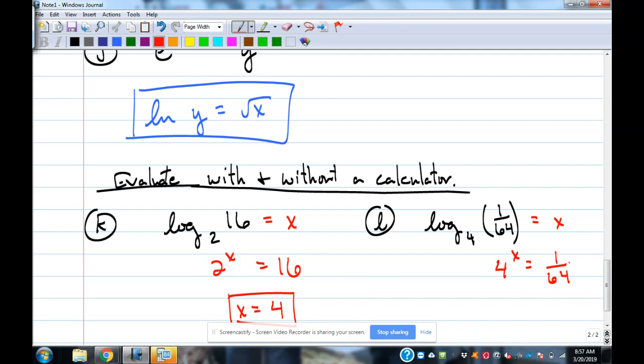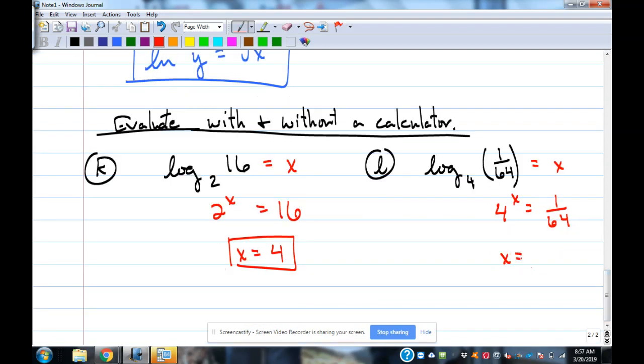So we're evaluating that, and we're thinking about it like we did in section 3 with exponentials. 4 to what power is 1/64? -3. And you guys have done several of these, so you know kind of what's going on there. And if you needed to manipulate it a little bit and write it as 4 to the negative third, and then get your equation there, that makes it work out.